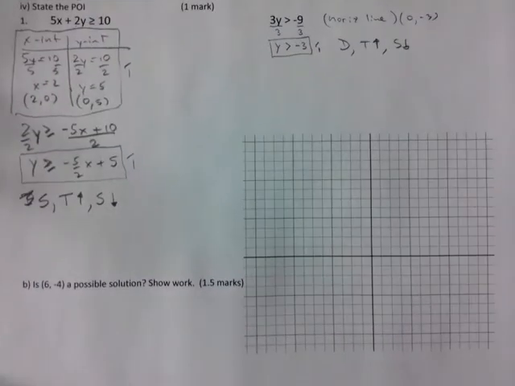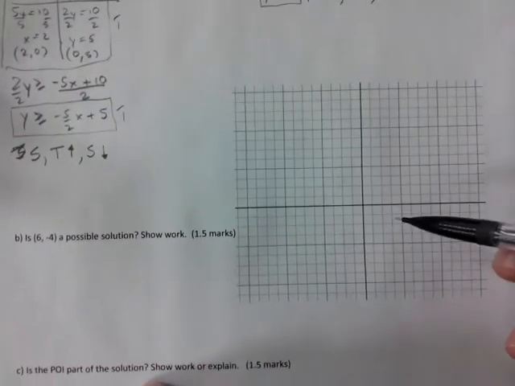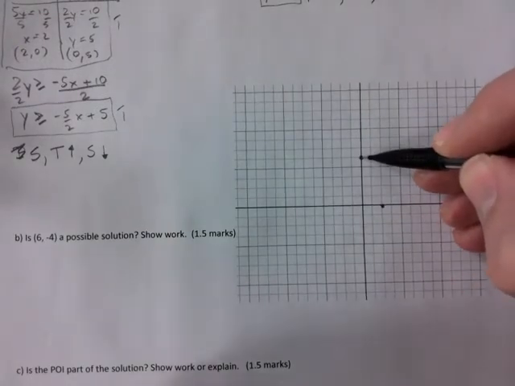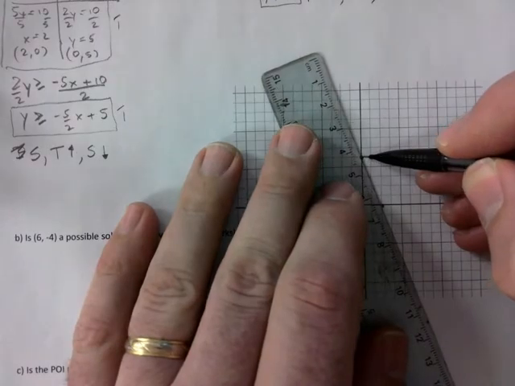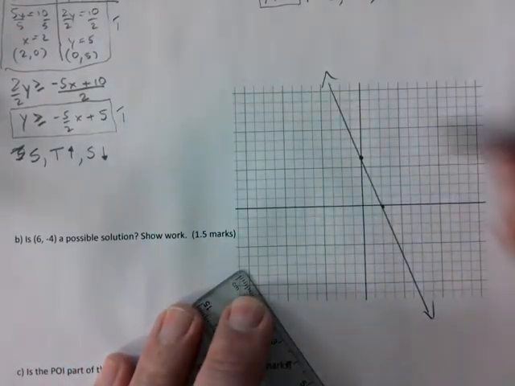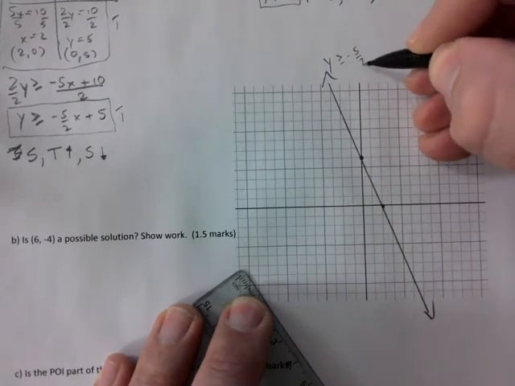And so now I proceed to graph. Should I just show you the graph? Sure. (2, 0), (0, 5). That's a solid line. y is greater than or equal to -5/2 x plus 5.